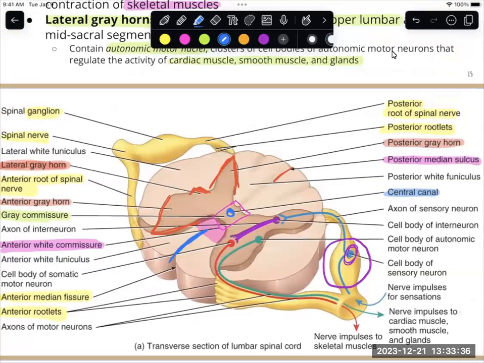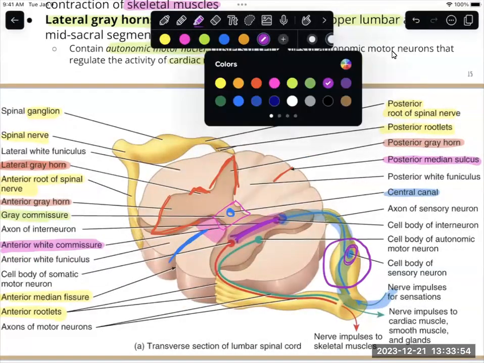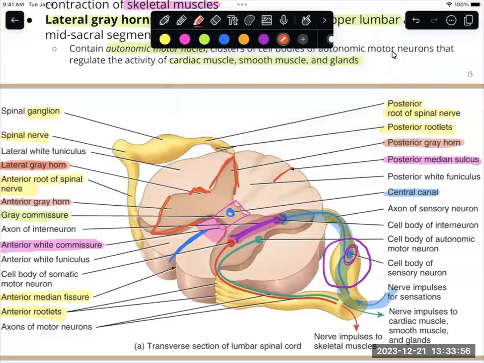So if we follow this blue sensory information coming in, it synapses with this purple interneuron. Its response, what I wanted, is this red information coming out.